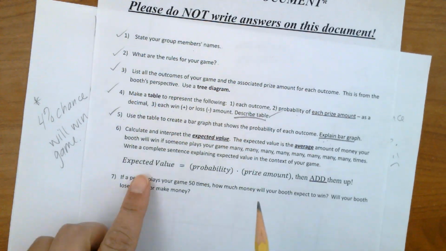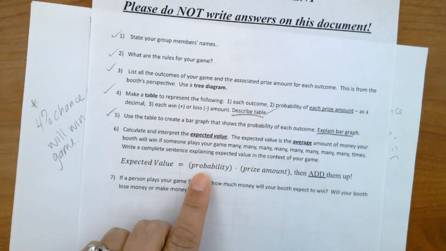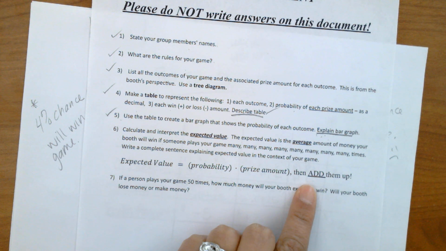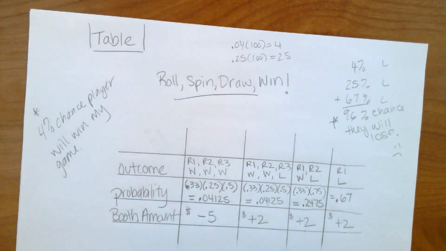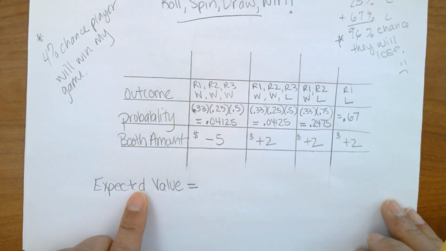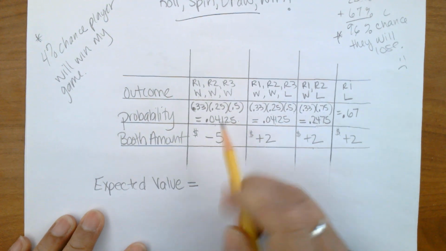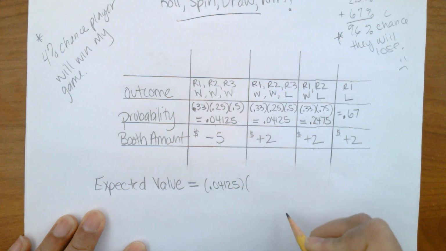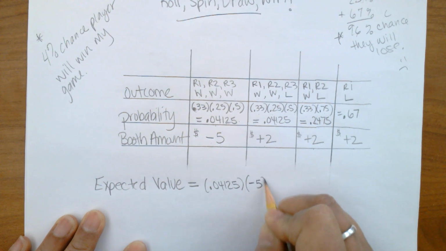Okay, so for the expected value, you're going to take each probability, multiply it by that prize amount, and add them up. I'm going to do this with you right now. Here, for my expected value, I'm going to take each probability, 0.04125, multiply it by its prize amount, -5.